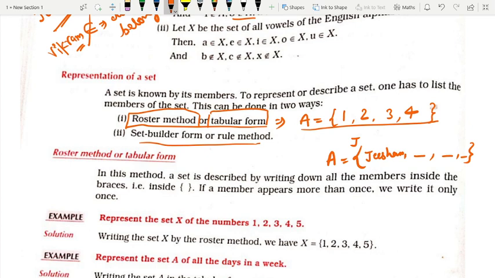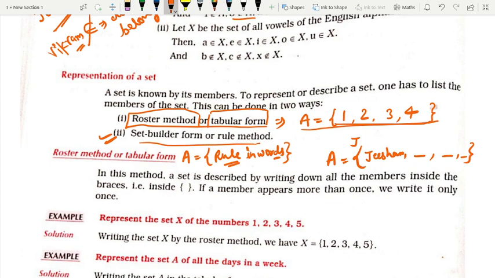We can write it with capital letters and with the curly bracket, it will be the same. Now here we will write down the rule. What will we write down? Here we will write down the rule in words. Like we are writing this set in the set builder form, second method.